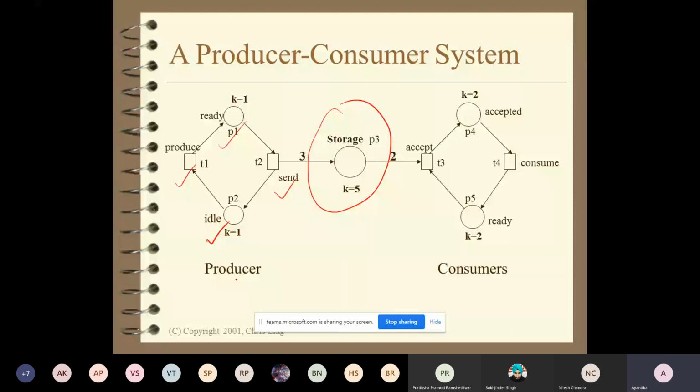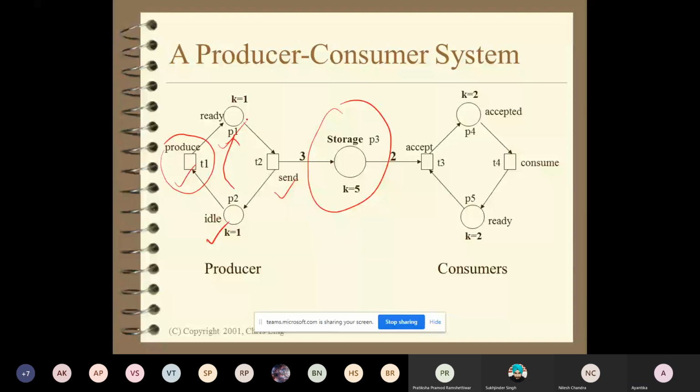These are the states, and produce is one event. When the producer is idle, if the produce event occurs, a state transition takes place from idle to ready.